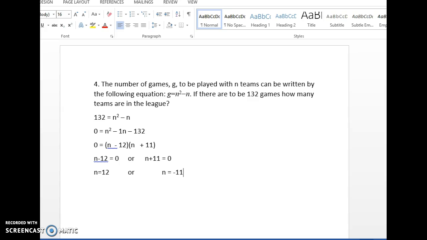But in this context, n is the number of teams, and so a negative number of teams doesn't make sense. So n equals 12 is our answer. So that's number 4. Let's take a look at another one.